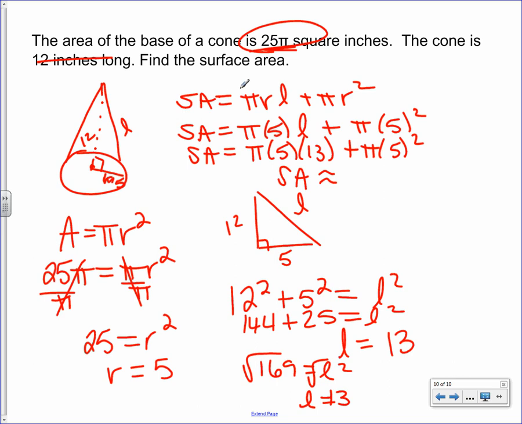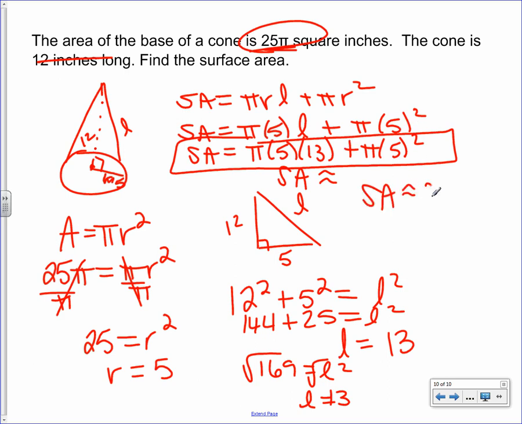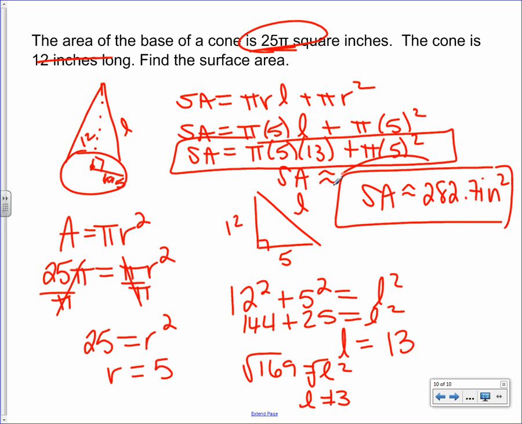So plug this in. Use your pi button. Do not use 3.14. And that's going to be inches squared. Take your time, get there. If you're not understanding it or you're not getting it right, you need to let me know.